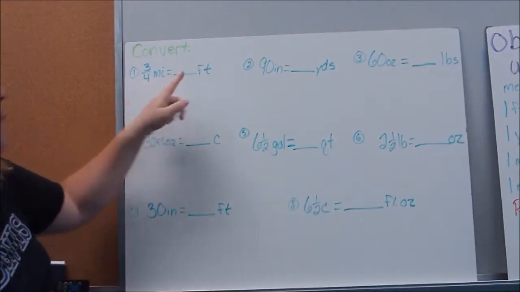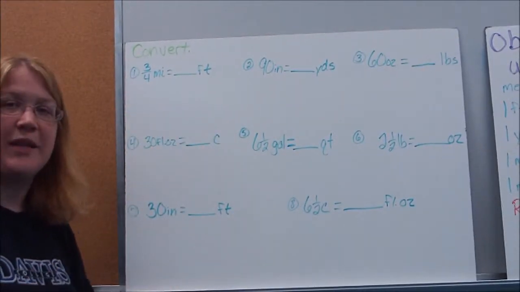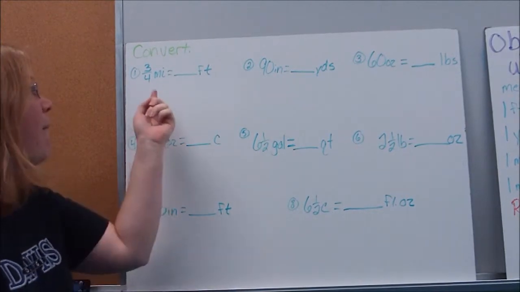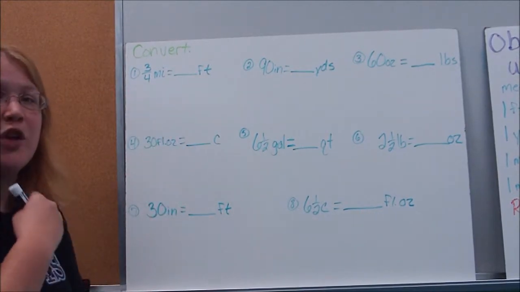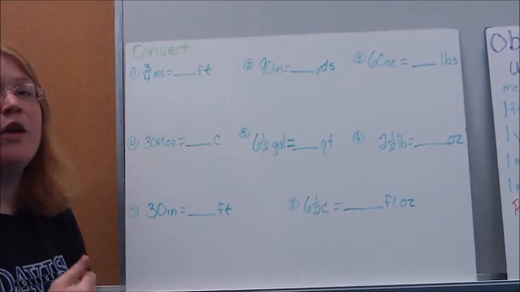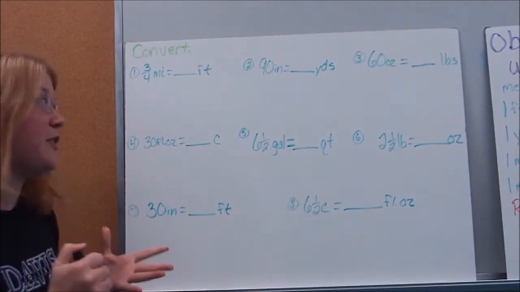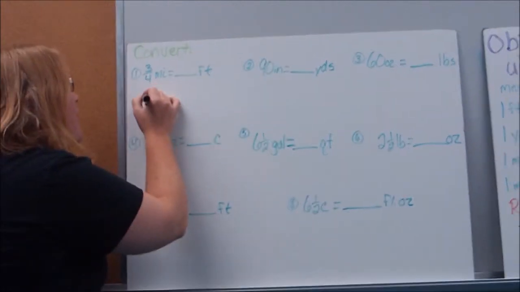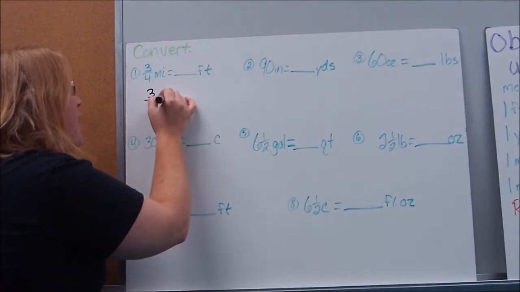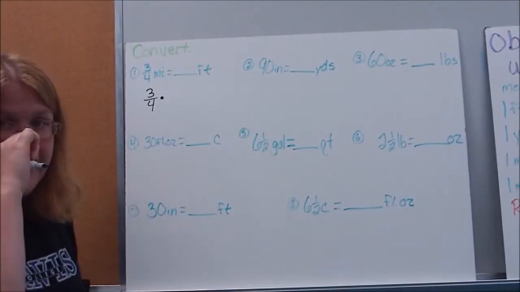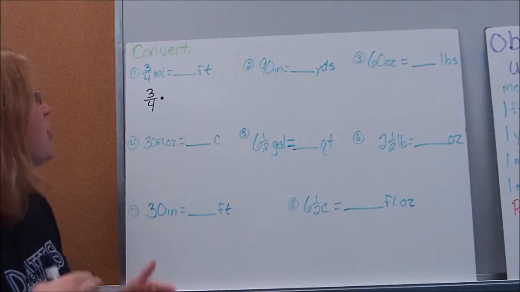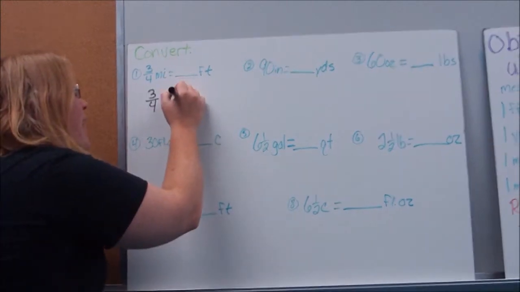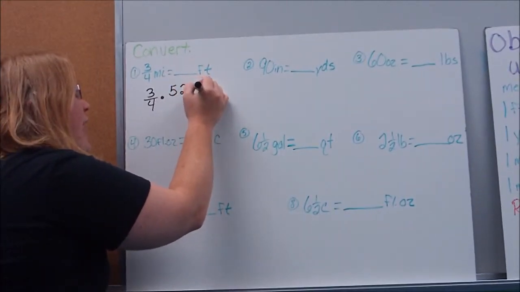So here I'm going from miles to feet. So the first question I'm going to ask myself is, which way am I going? Miles are bigger, so I'm going from a bigger unit to a smaller unit, which means I'm going to wind up multiplying. So I'm going to multiply the number I'm given, which was the 3/4 of a mile, and then I'm going to multiply that by my conversion unit. So how many feet are in a mile? 5,280.